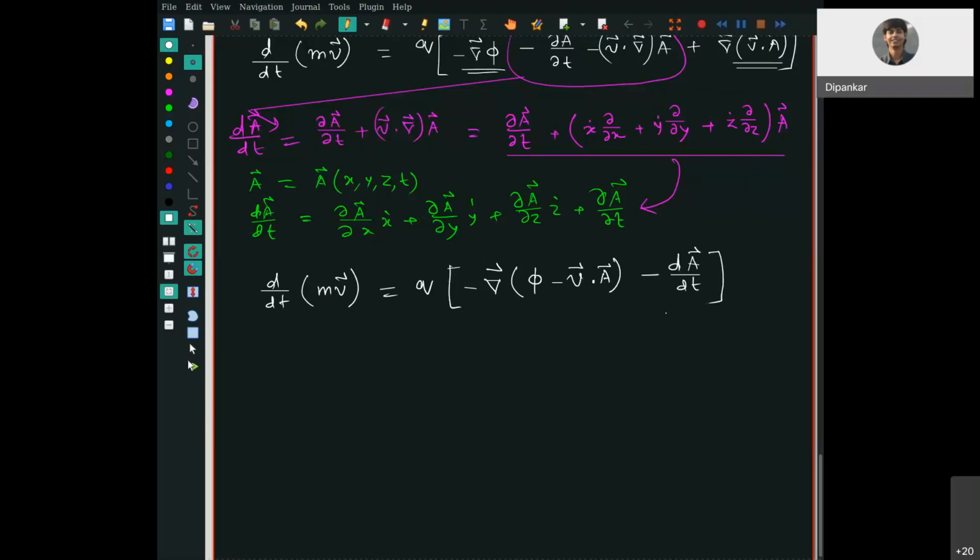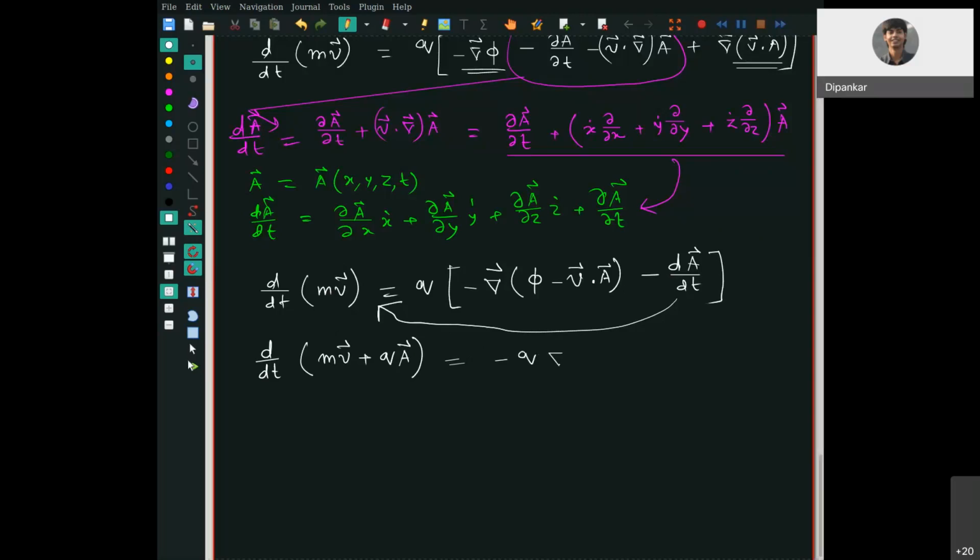So I take this term on the left hand side here. So I can write my equation of motion as d/dt of (mv plus qA) equals minus q times grad (phi minus v dot A).